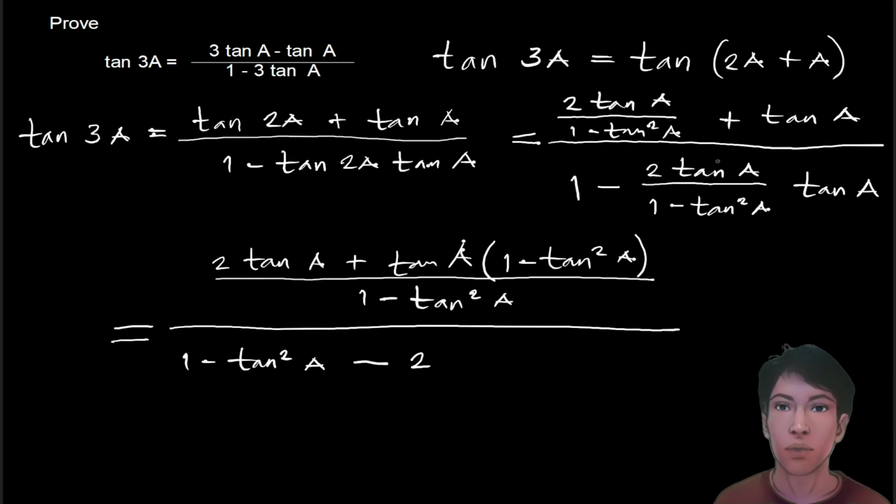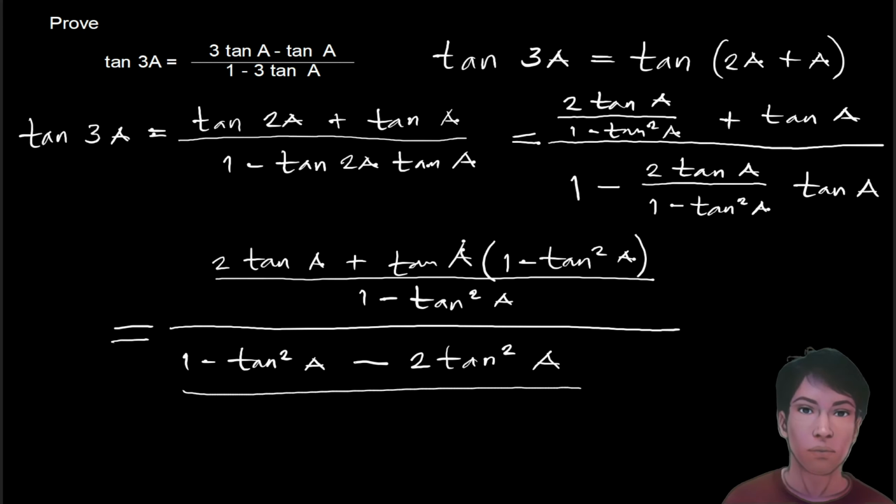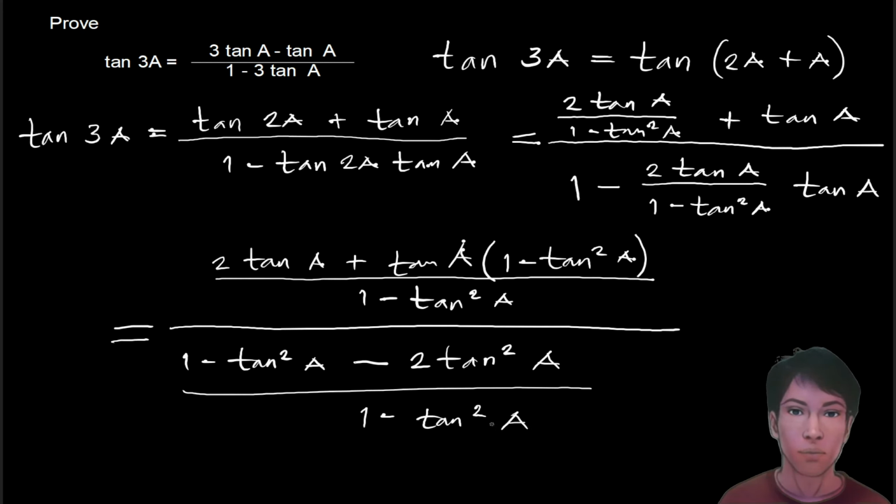So 2 tangent square a, and then 1 minus tangent square a. And with this, we can see that this one and this one can be cancelled.